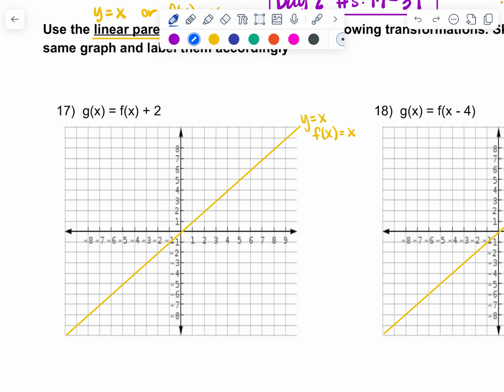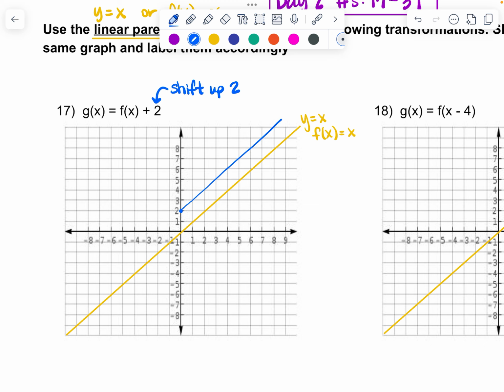So you just have to remember, what does this plus 2 hanging off the end tell us to do to the line? Right, so hopefully you remember from our little Desmos activity that this means we shift up 2 units. That's it. We're just shifting up 2 units, which means my y-intercept is getting moved up 2. So instead of 0, it's getting moved to positive 2, but my slope is not changing, right?